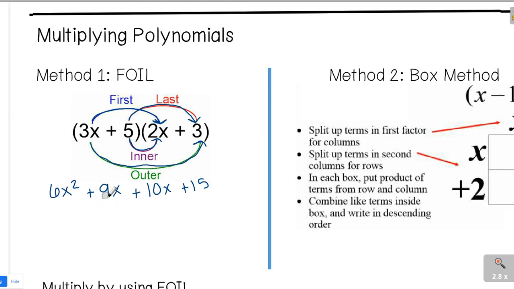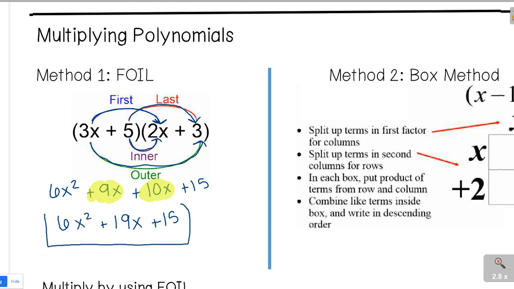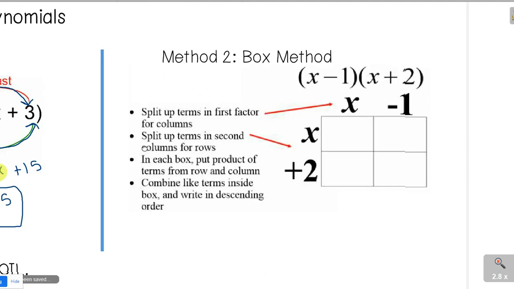So we have 9x plus 10x. So that gives us 19x. Bring down everything else. So that is FOIL. Box method, we get the same result, but it's a little more organized.